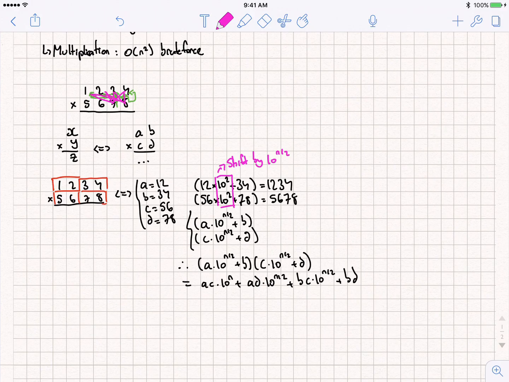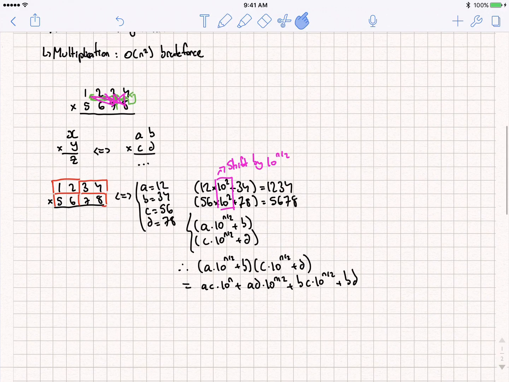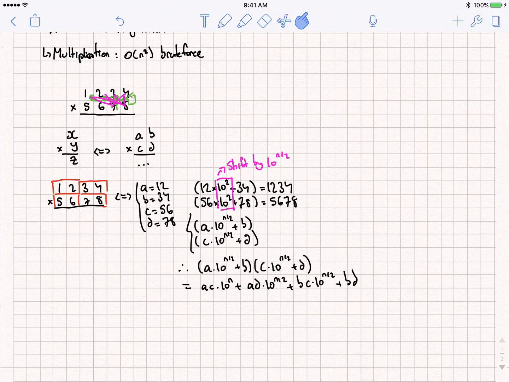We broke these numbers down into smaller portions, and then we said we're going to do this multiplication on smaller parts. Right now it might not appear immediately obvious why this is good, but what we notice is we're now doing a multiplication with AC, a multiplication with AD, a multiplication with BC, and a multiplication with BD.